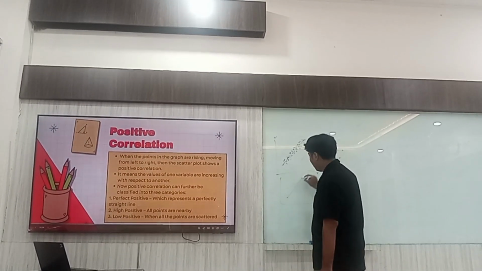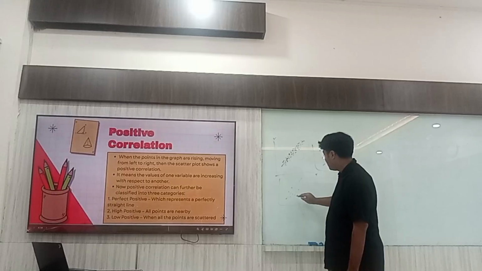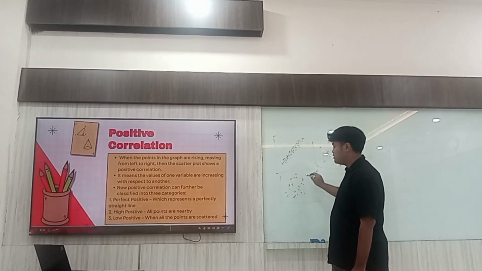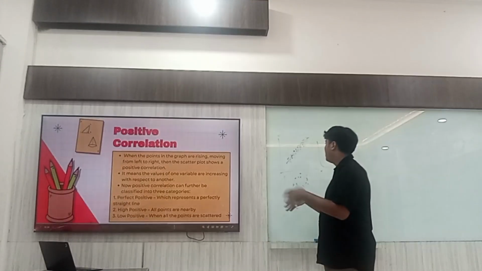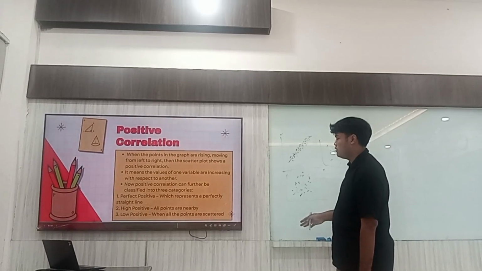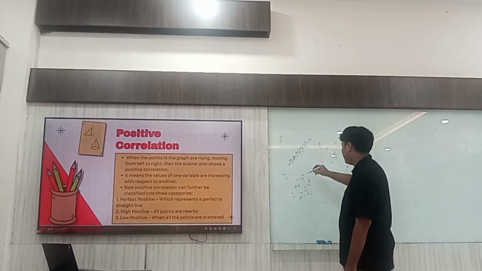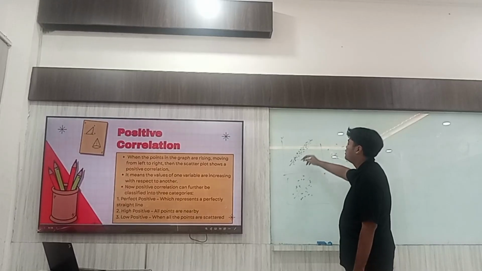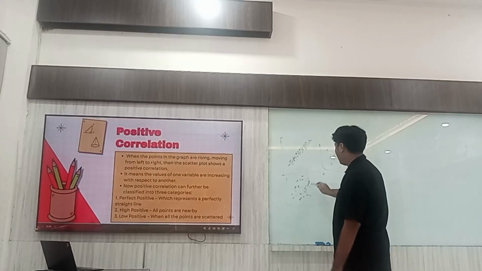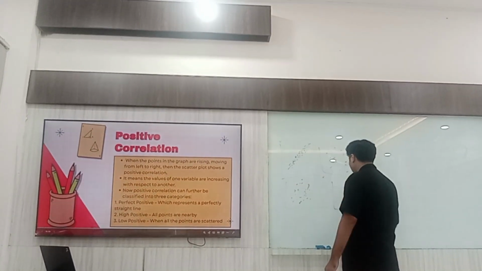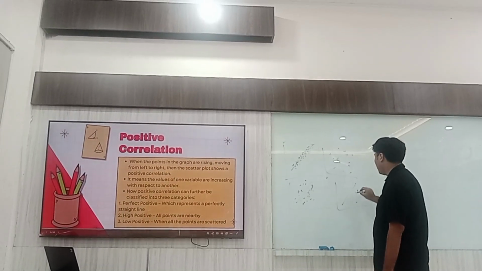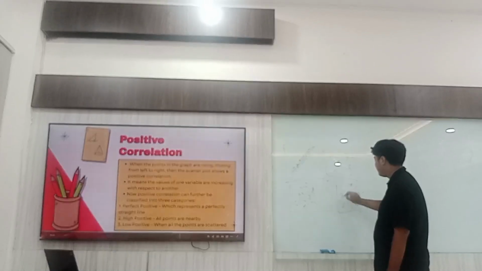High positive is when we can still identify the direction, but the points are not perfectly in line. The third one is when all the points are scattered randomly.